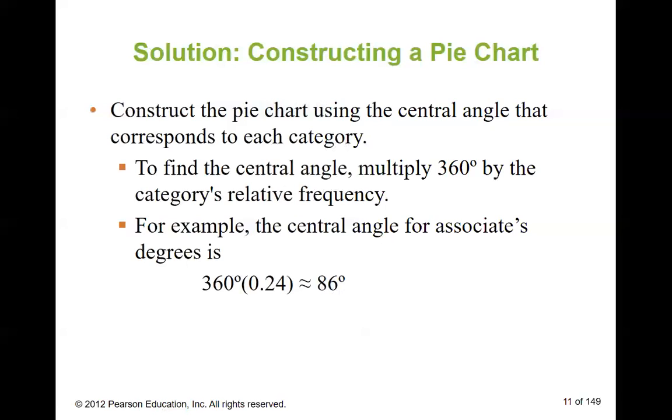And that one will round to the nearest degree, okay? So as an example, on the one that's in the first column, if we just use the 0.24 instead of 0.242, when I multiply that by 360, that's about 86 degrees, right? Okay.